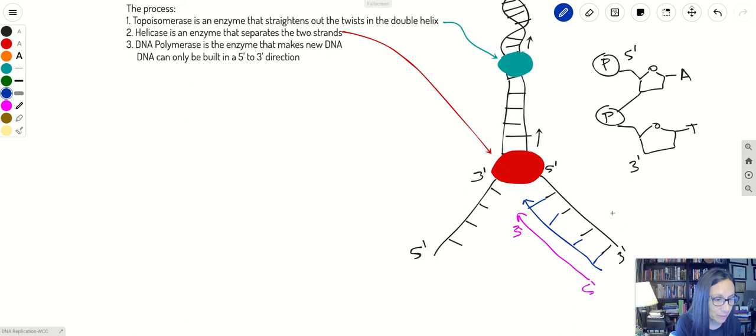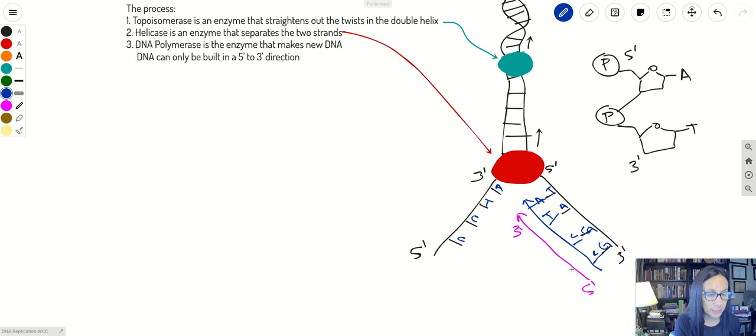In that direction. So let's say, let me put some letters on here. Let's say this is A, this is T, C, C, okay? What that means is that this right here has to be T, and this has to be A, and this has to be G, and this has to be G. And then when the new strand is being built, this right here is going to be A, this is T, this is C, this is C. Okay, and this is one new strand of DNA now.